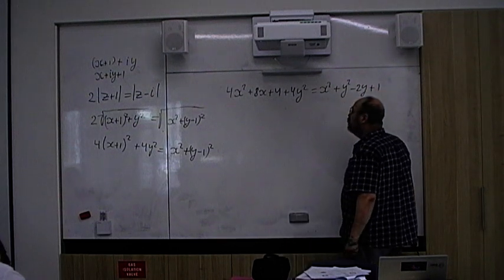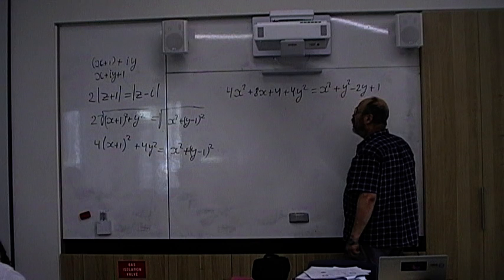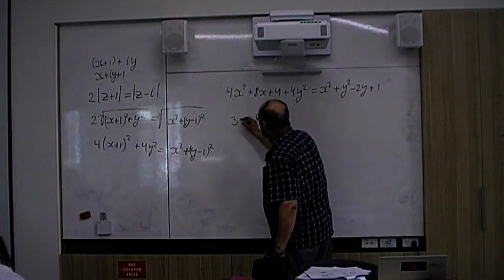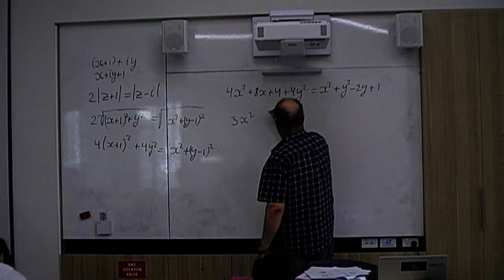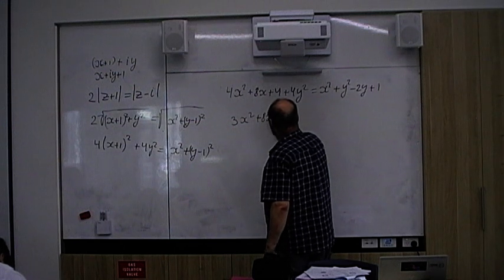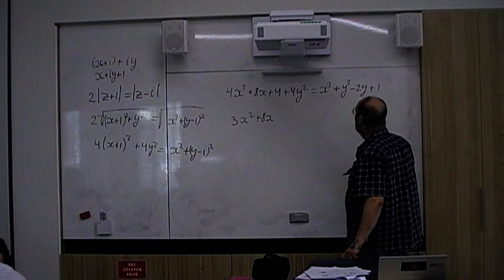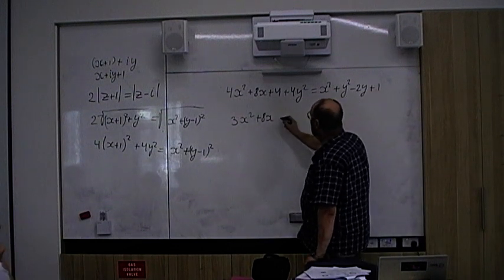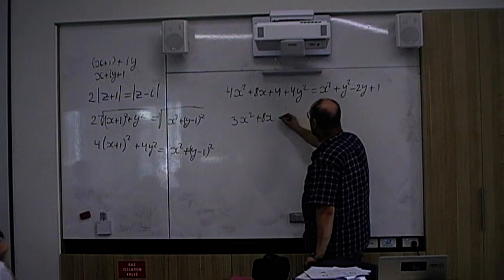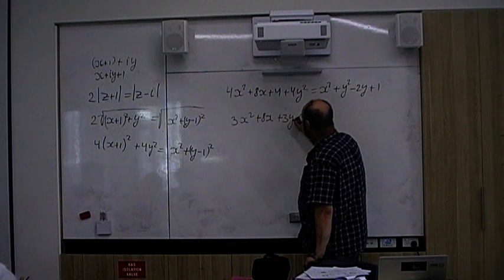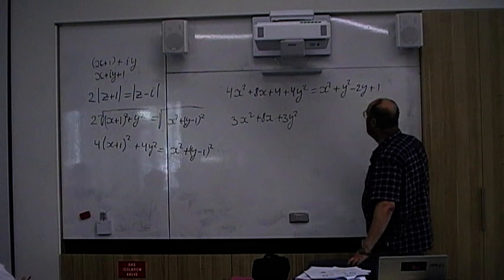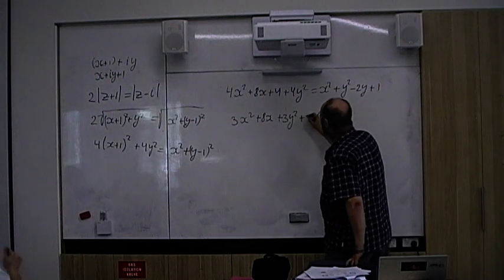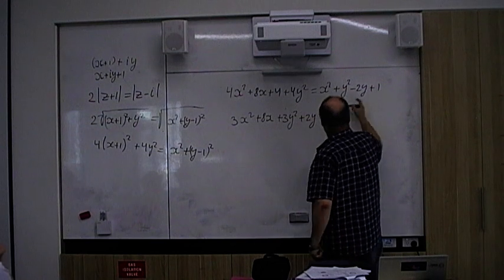Collecting everything with x and y on one side, we get 3x squared plus 8x plus 3y squared plus 2y plus 3.